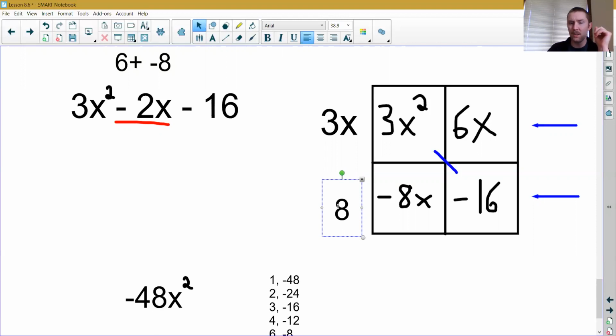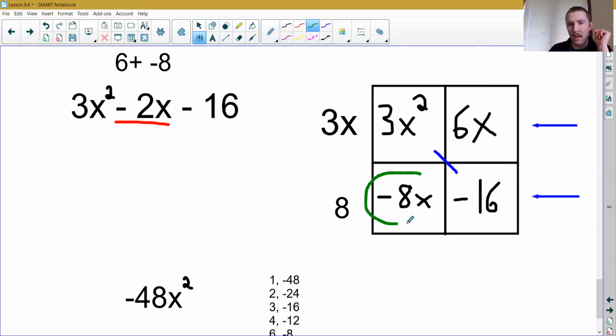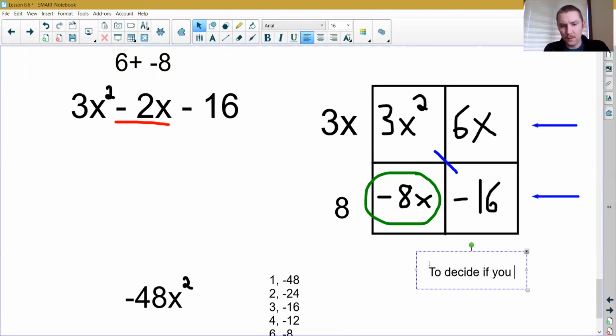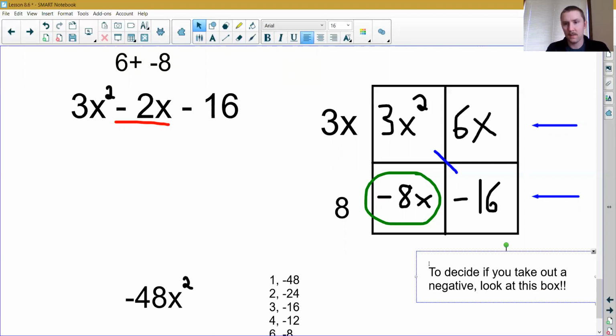Now, the thing to notice here is that both of these boxes are negative. And so you may be thinking to yourself, well, Mr. Freitag, shouldn't we take out a negative 8? And the answer is yes, we should. But the reason we take out a negative 8 is because of this box. To decide if you take out a negative, look at this box.